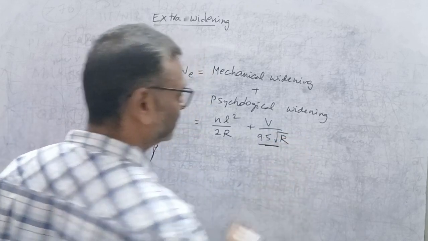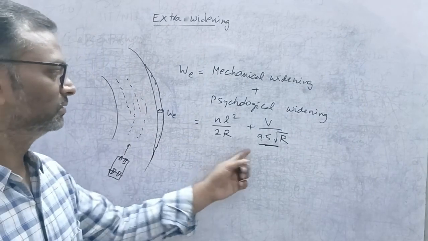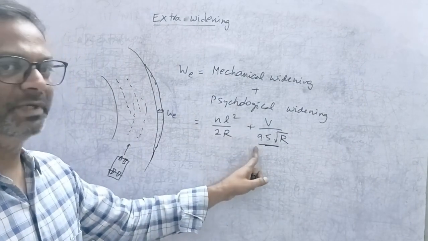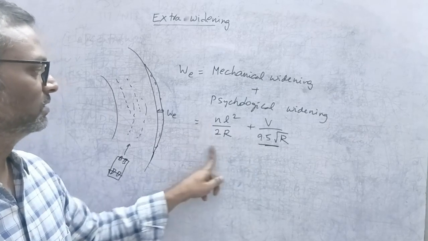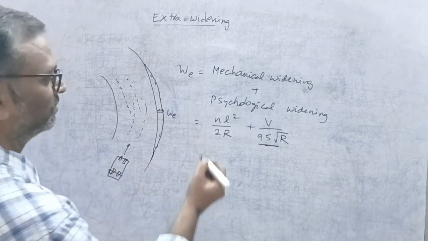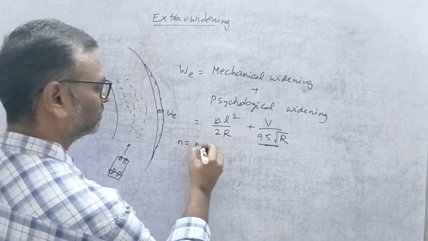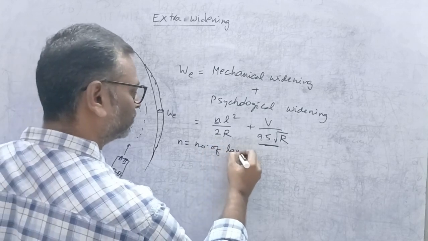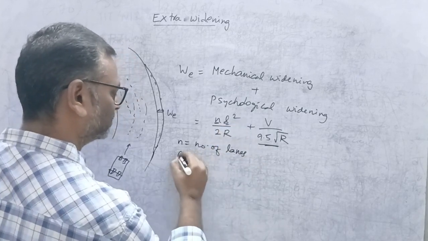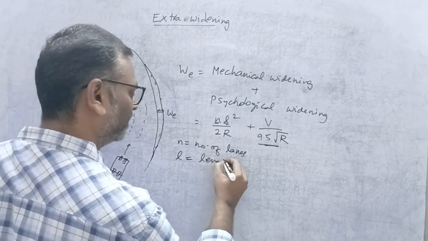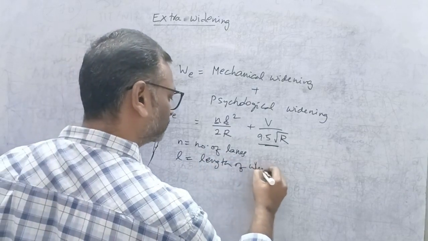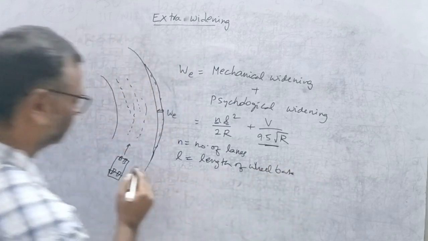This is given in the code, psychological widening as per IRC, and this is mechanical widening, where N is the number of lanes of the road, and L is the length of wheelbase of the vehicle.